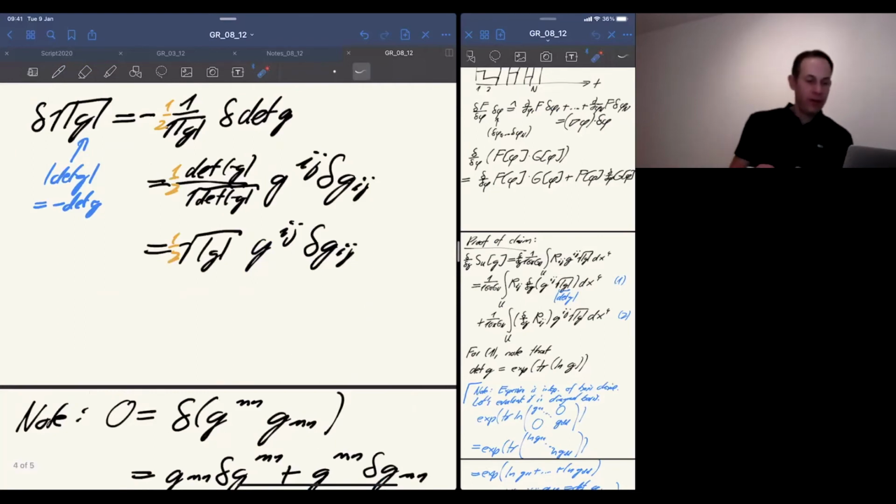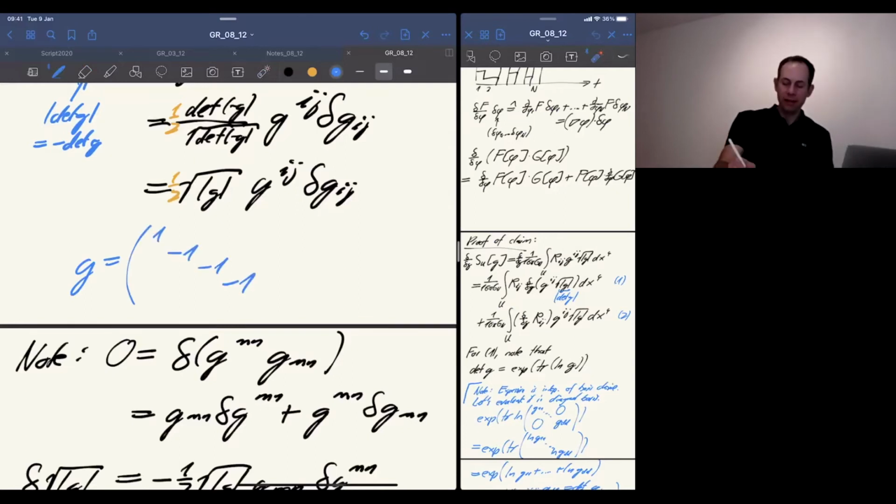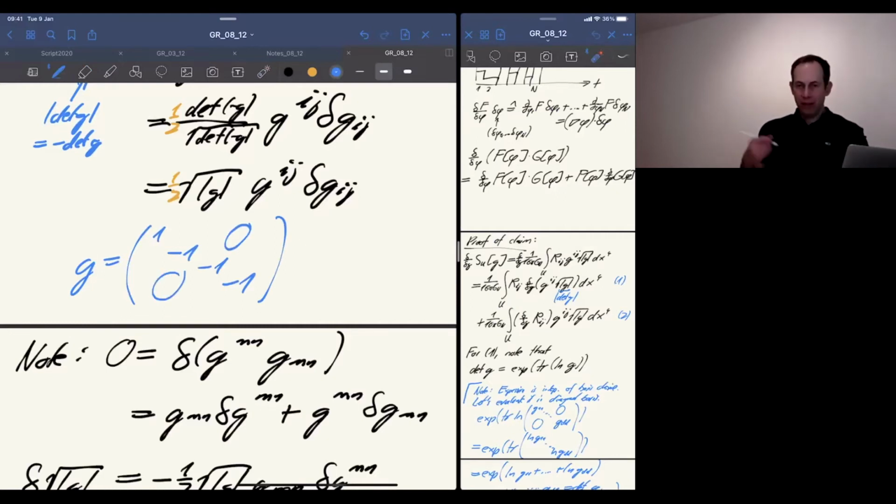Now, there was also a question about why the determinant of the metric is negative. So remember that the metric g has the signature (1, -1, -1, -1), meaning that there is a basis in which the metric looks like this. And the determinant is essentially basis independent.